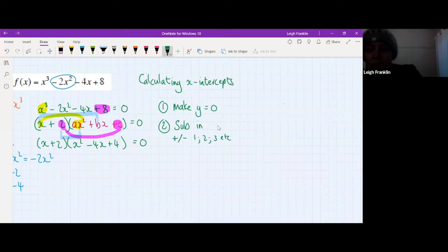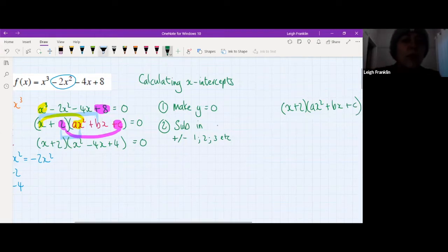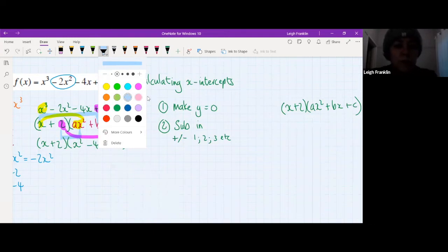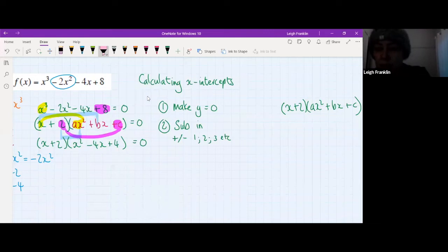We have got x plus 2, and then we've got ax squared plus bx plus c like this. What I was trying to show you, Oko, was the two terms that are going to be multiplied together to give us that b term: this one here and that one there.